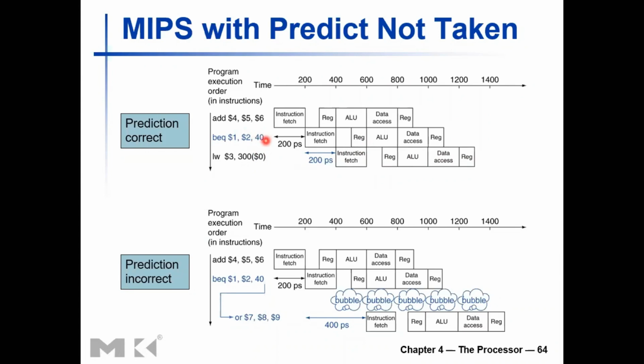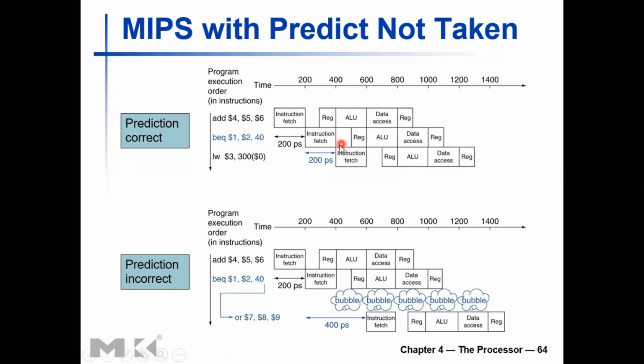If we make a prediction or a guess like that, we will let the instruction fetch mechanism fetch the next instruction using the PC plus 4 increment, the very next instruction after this branch in the program, right? So we assume that the branch will not be taken. We go into the next instruction and we fetch it.